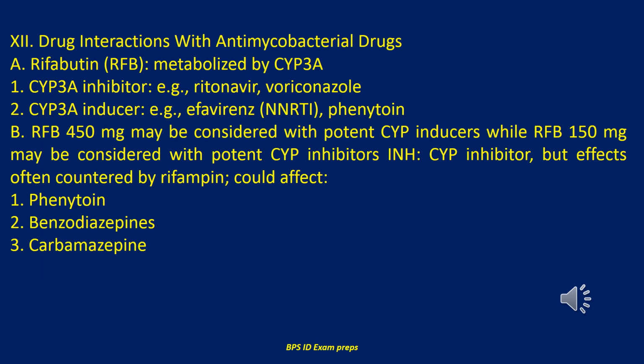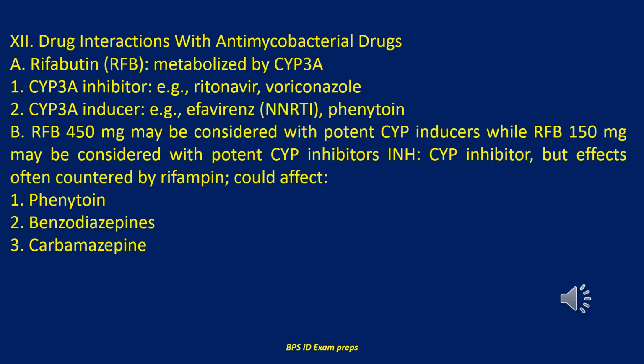Let's now look at drug interactions with antimycobacterial drugs. Rifabutin, RFB, is metabolized by CYP3A. 1. Some CYP3A inhibitors include ritonavir and voriconazole. 2. Examples of CYP3A inducers are efavirenz, an NNRTI, and phenytoin.